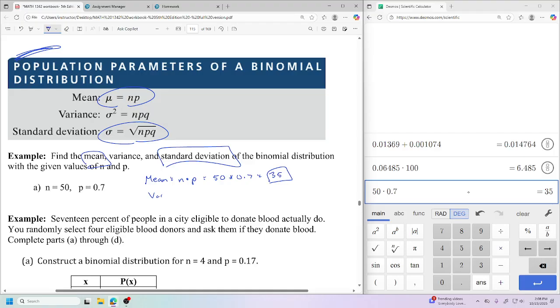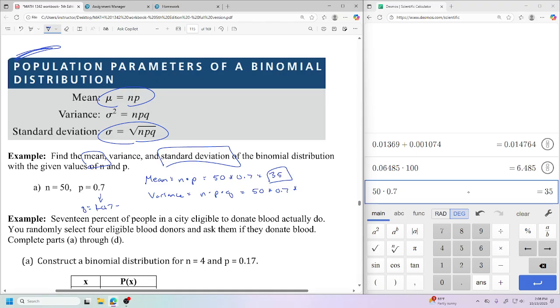I'm going to go ahead and do the variance so you can see what's going on here. That's n times p times q. So q is the opposite. I have 70, so what would be my opposite of the 70?